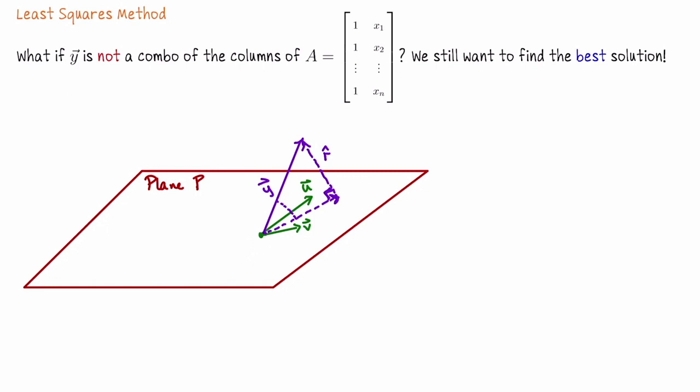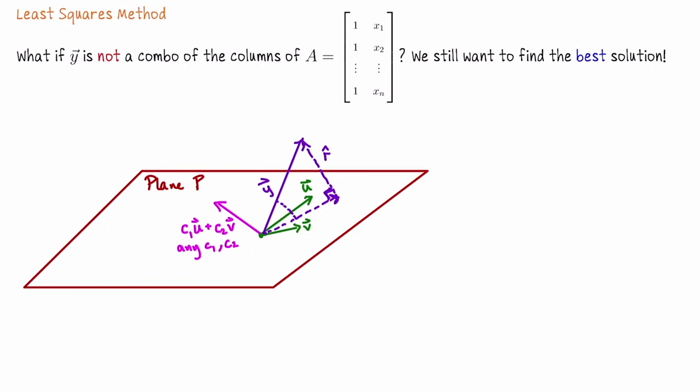Let me just sketch an example of what it would look like if we didn't minimize the distance. Suppose I choose some other vector which lives on this plane. This is not going to be the vector that's closest to y. I don't have a good name for this vector, but what I know is that it's some linear combination of the columns of A. So we could describe this vector as c1u plus c2v, where that's just any pair of numbers c1 and c2.